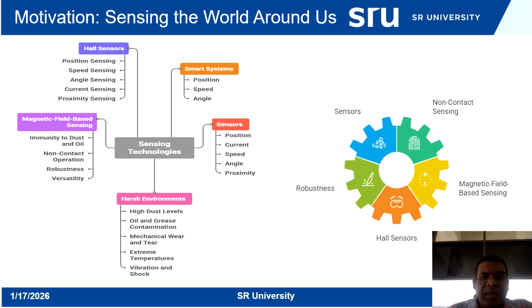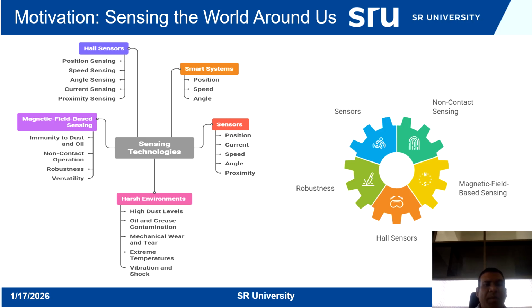So non-contact sensing eliminates physical contact between the sensor and the object being measured, reducing wear and tear and minimizing the impact of surface contamination. Robust sensors are designed to withstand harsh environmental conditions without compromising their performance.